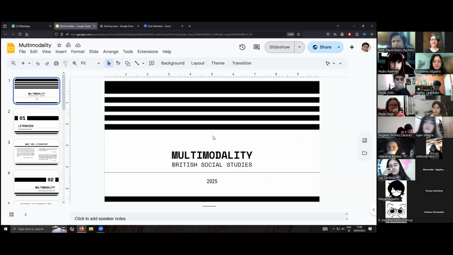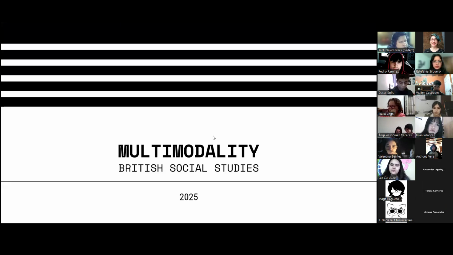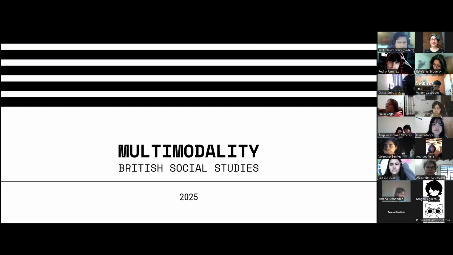Let's get started. Okay, so today we're going to be covering two important concepts that are basically the foundation of how meaning is constructed, which is rather important for a social studies class.